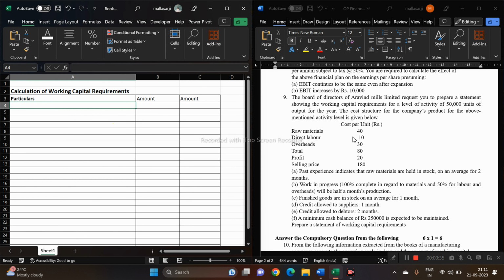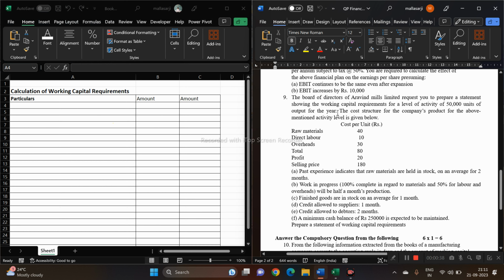Now first we'll read the question here. This is the ninth question. Here they gave information: raw materials 40 rupees cost per unit, direct labor 10 rupees cost per unit, overheads 30 rupees per unit, total cost 80 rupees per unit, profit 20 rupees per unit, selling price is 100 rupees per unit.